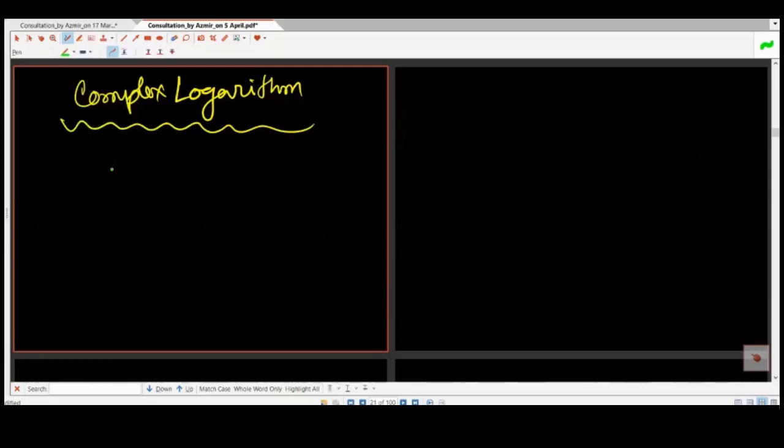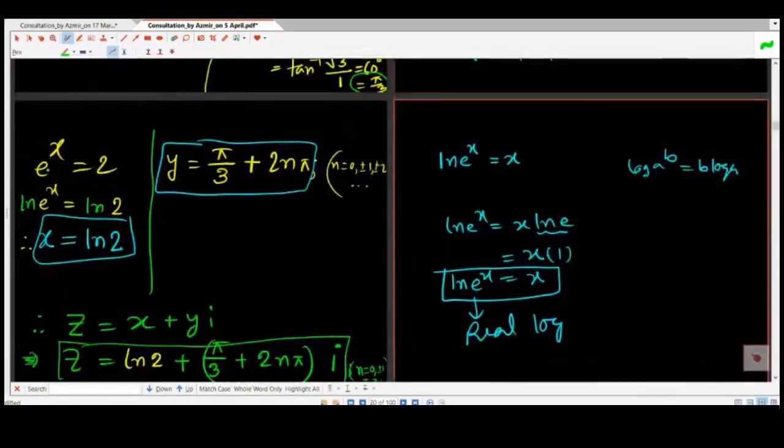Complex logarithmic function comes from the equation e to the w equals z. It is a function which can also be thought of as w equals f of z. Just now we have seen if we have e to the x equals 2, we have taken natural log on both sides to get x.